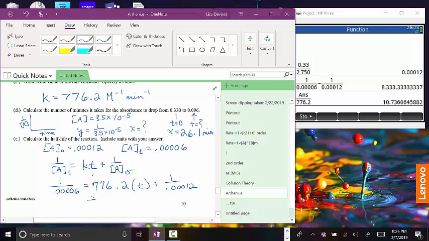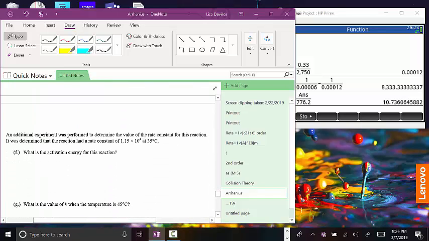And so I'm getting a half-life of 10.74 minutes.